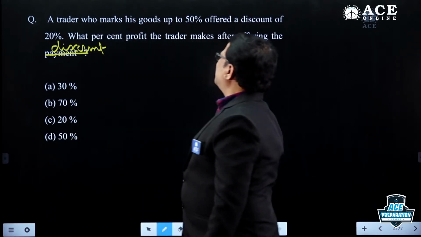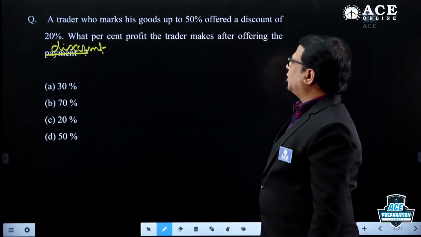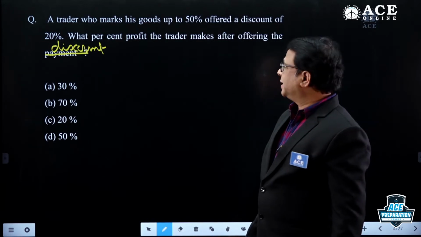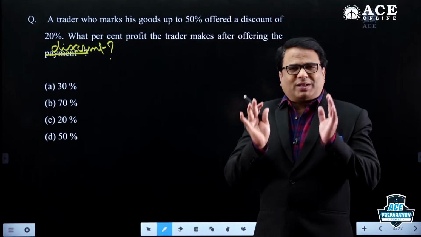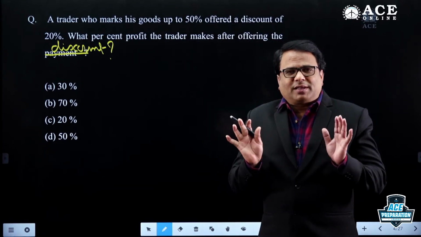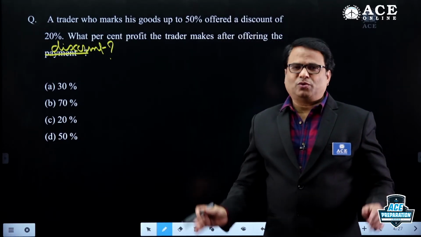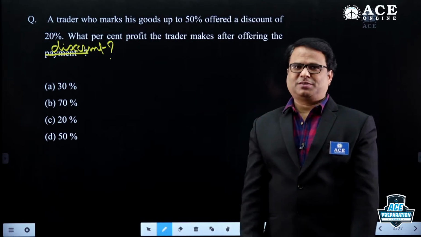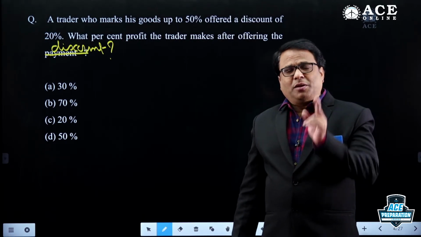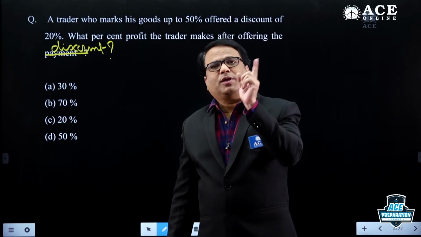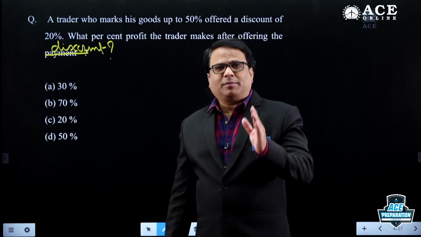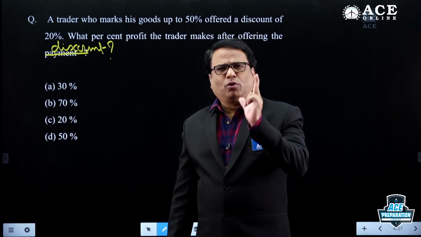So, what percent profit does the trader make after offering the discount? That is the question. Now, once again, everything is given in percentages, so we have to make assumptions.